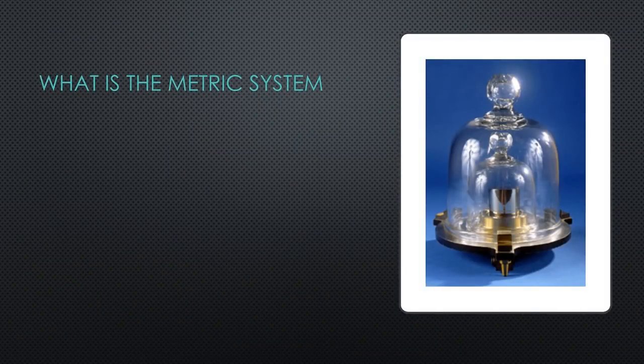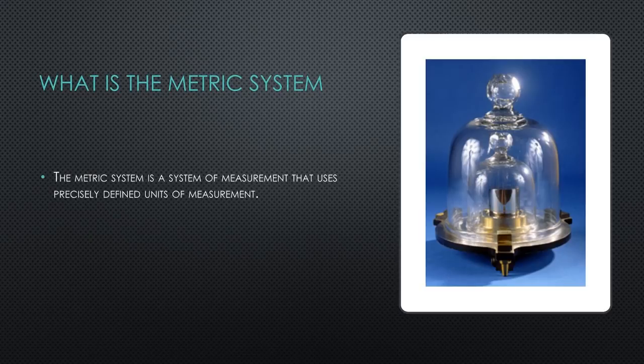And the metric system gives us very precise definitions. This is an image of the definition of a kilogram. It's kept under intense vacuum at very special buildings. The international standards are all kept in very special places under very controlled conditions.